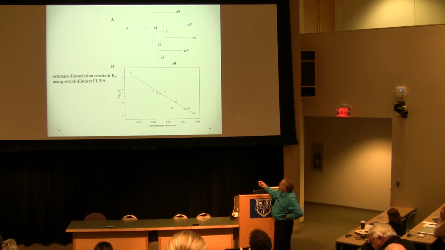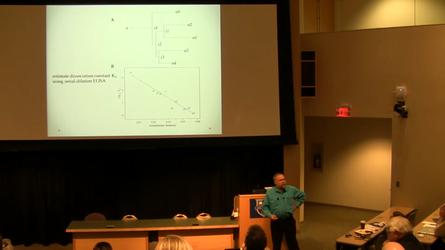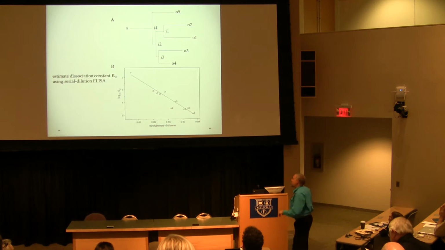So what we're doing here is you just project from this phylogram, these are the estimated branch lengths. You project down from here, I4 to I4, O3 to O3, and so forth, and you see that the affinity maturation appears to be occurring very uniformly and very consistently over time.